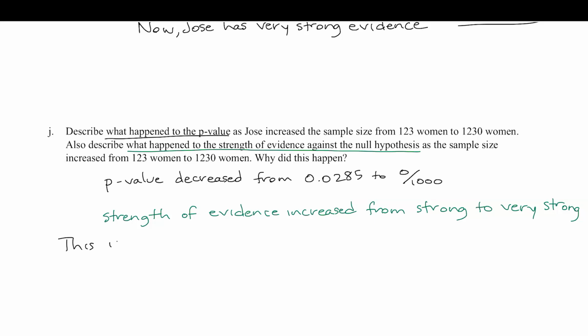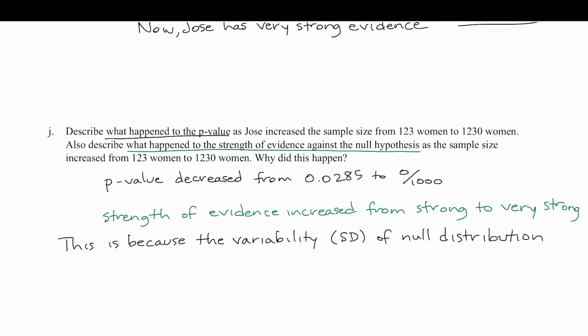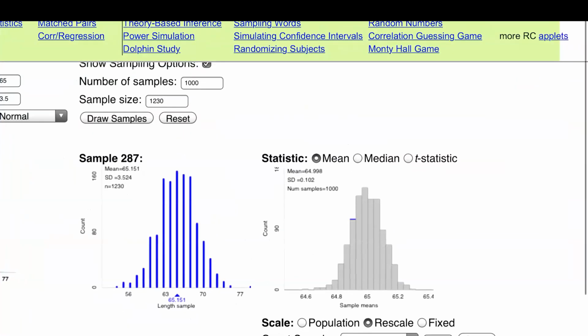And so it says, why did this happen? This is because the variability, the standard deviation of the null distribution, not the standard deviation of a sample, not the standard deviation of the population, but of the null distribution, decreased from 0.325 to 0.1.